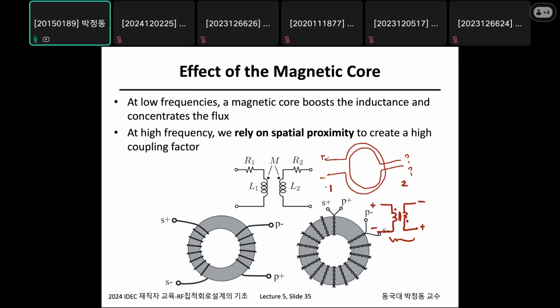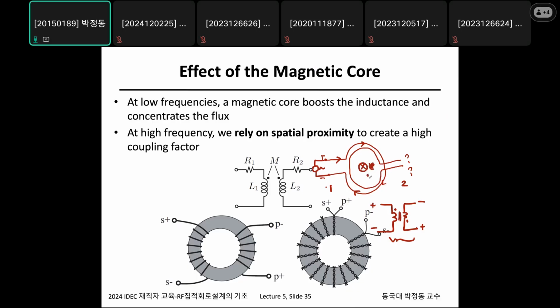Let's say we apply a signal over here and current is going to conduct like this, okay? Since the current is conducting, a magnetic field at the first winding is generated like this, okay? So to prohibit this, to be against this, right?